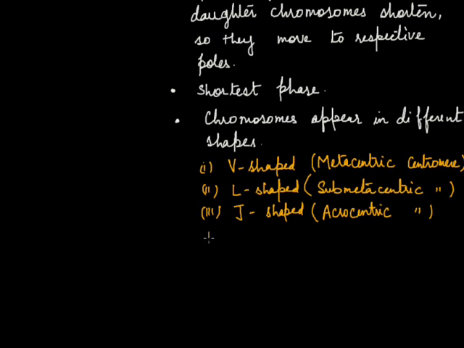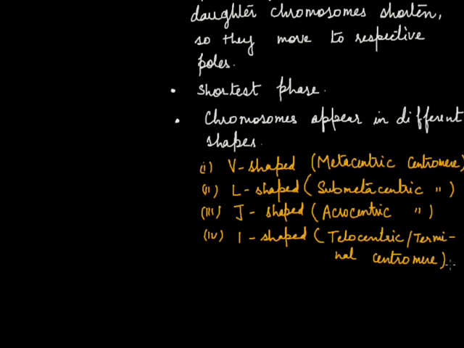And the last shape is I shape. Here the centromere is terminal in position, which is called a telocentric centromere. Since the centromere is present at one of the ends, it forms a single arm and therefore it takes the shape of an I, the alphabet I.